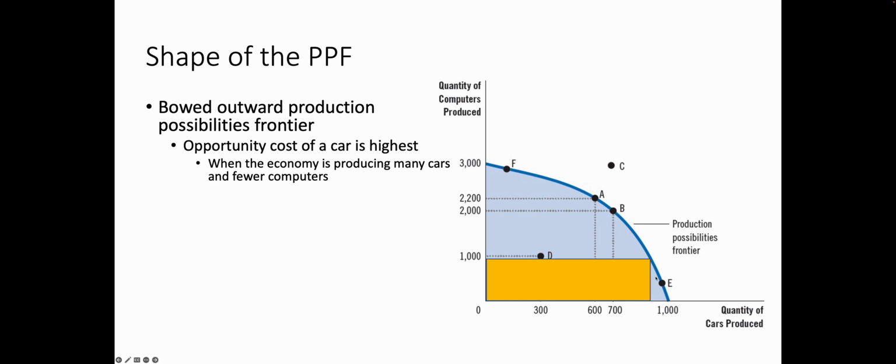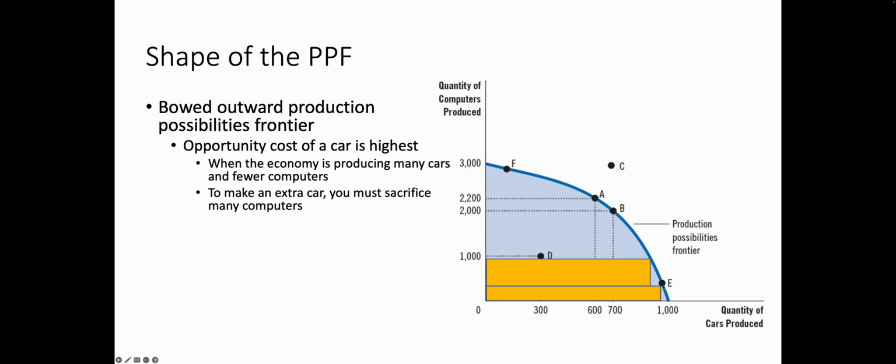Then let's say we make a change. The point I haven't labeled is the upper right-hand edge of this rectangle that tells us how many computers and how many cars. If we want to incrementally make an extra car or a few extra cars in this case, we have to sacrifice many computers. So let's move from this level of production to about where E is.